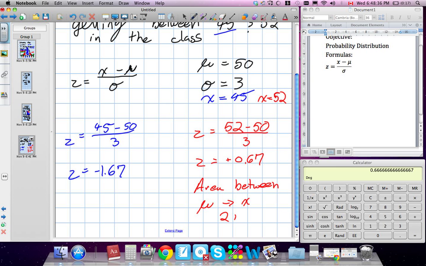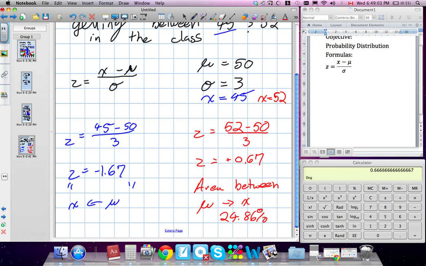So we have a z-score of negative 1.67, and our other part of the question said 52 as our x. So again, looking for our z-score, we have 52, subtracting our mean and dividing by our standard deviation, which will give us 2 divided by 3, 0.67. So our z was equal to positive 0.67.